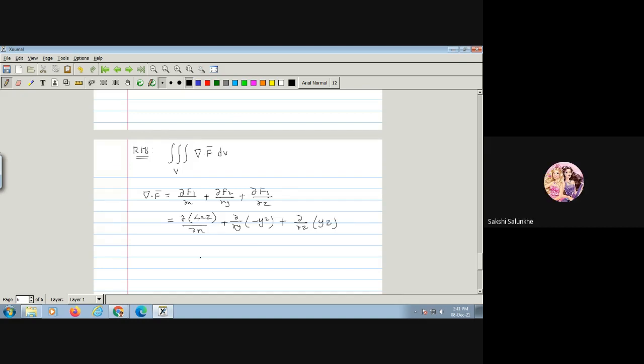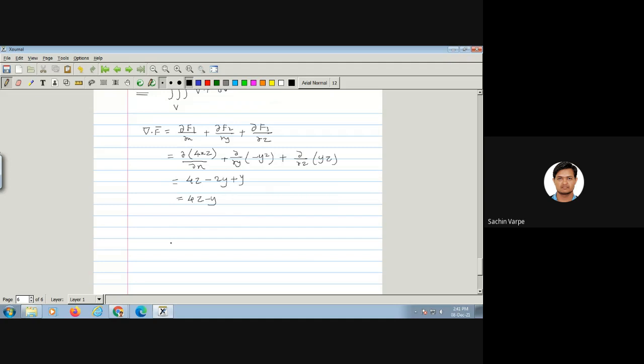So this will be 4z minus 2y plus y, so 4z minus y, right? So what will be the RHS?